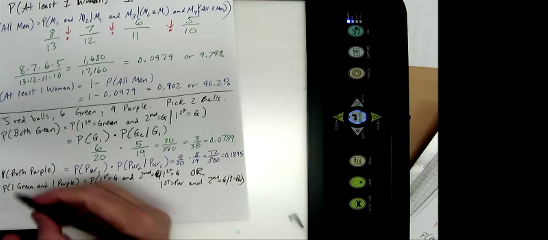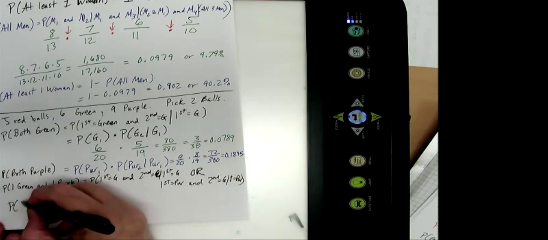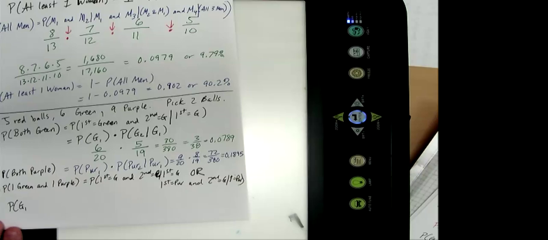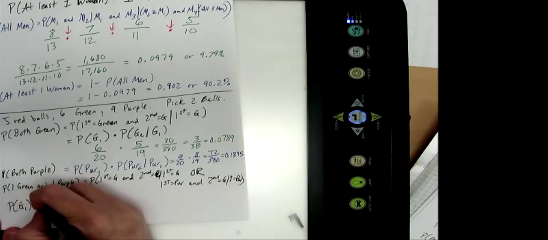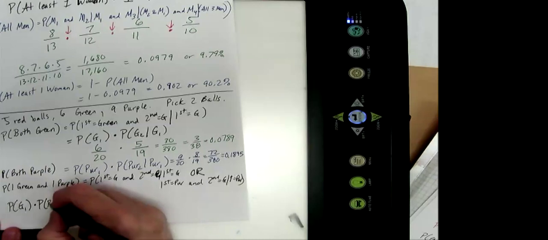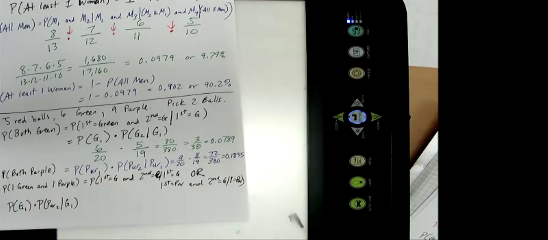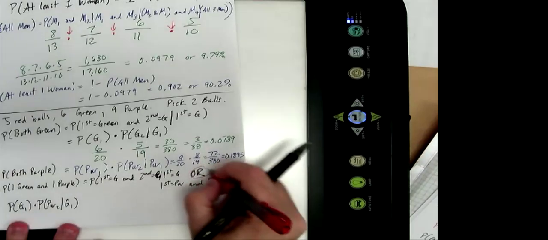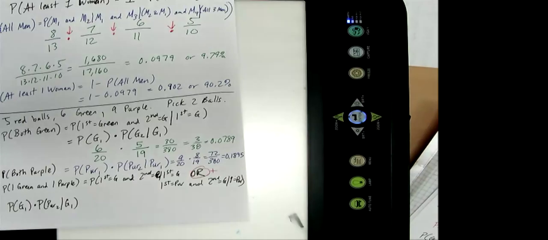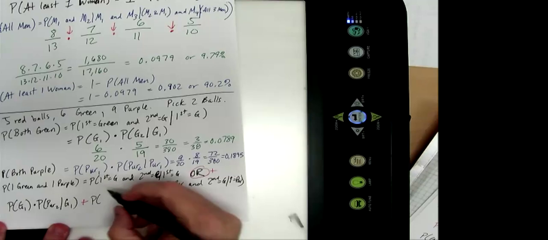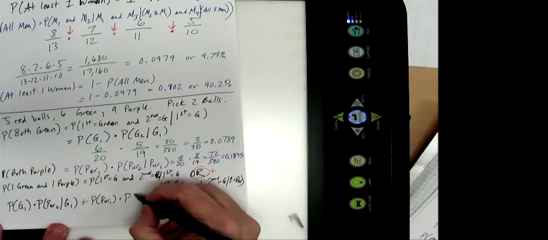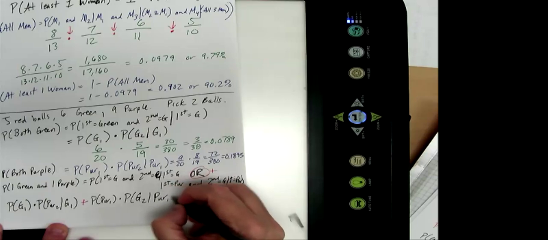And a nicer subscript. Probability of G1 times the probability of purple 2 given G1. The or turns into a plus sign. Plus the probability that the first is purple times the probability that the second is green, given that the first is purple.